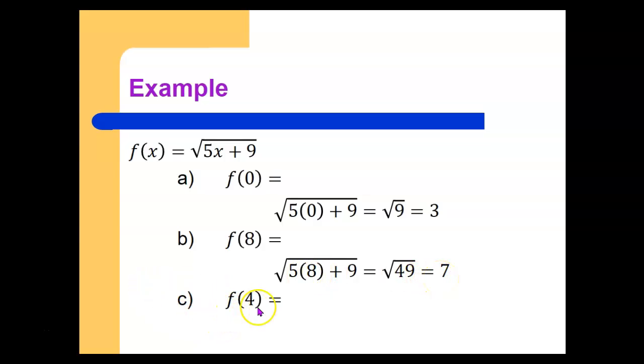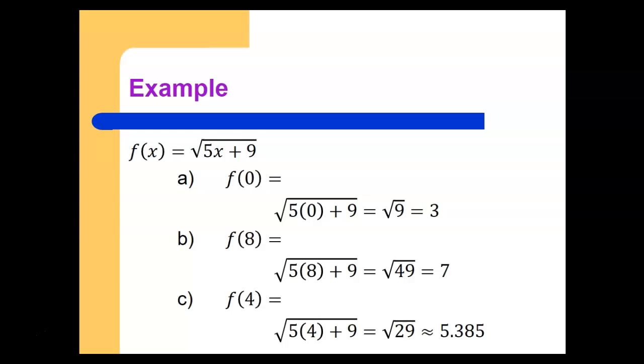And how about f of 4? Plug in 4 for x, and we get the square root of 5 times 4 plus 9. 5 times 4 is 20. 20 plus 9 is 29. And the square root of 29, well, 29 is not a perfect square.